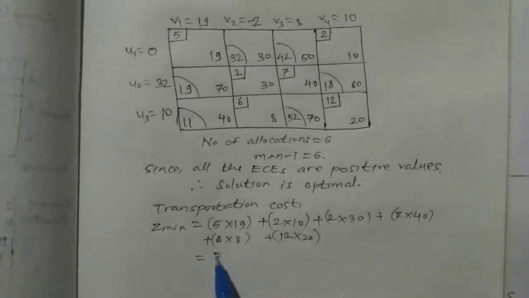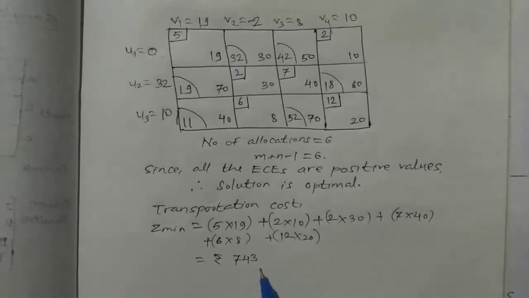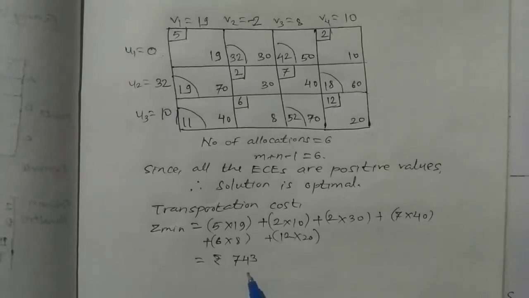So cost here is rupees 743. So this is the reduced cost and beyond which we cannot reduce the transportation cost to satisfy all the rim conditions.